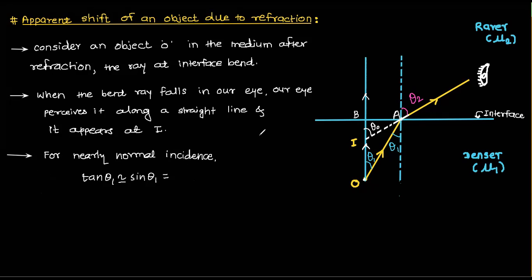OIA or OBA, you will take OBA, right? Because it is a right angle triangle. So I am writing here after this, that is AB by BO.